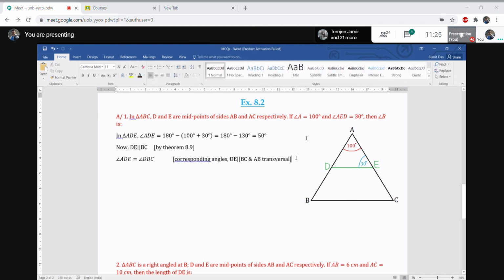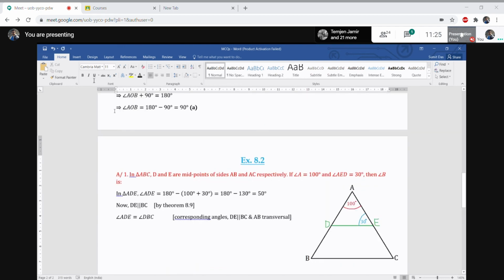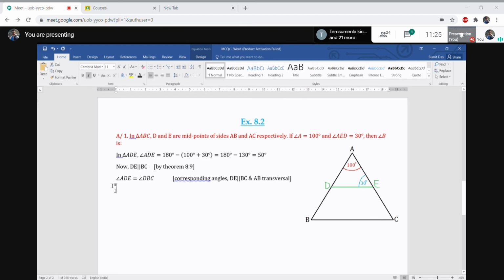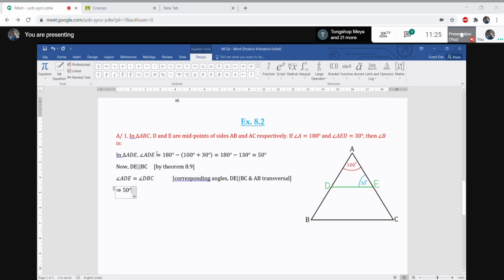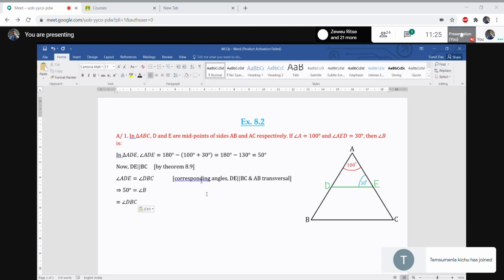Now put the values. Angle ADE equal to, we got from here, 50 degree, and this should be equal to angle DBC, and angle DBC and angle ABC are the same, or angle B. Okay, so we got angle B value equal to 50 degree.